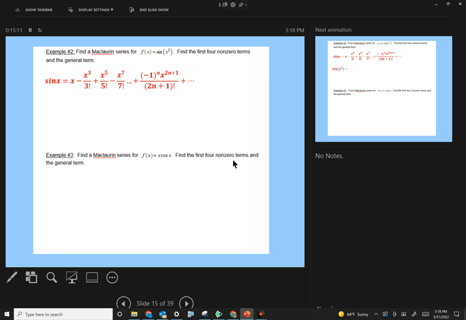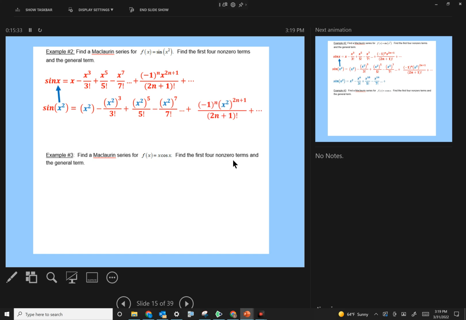So if I want the sine of x squared, basically I can just substitute an x squared in everywhere I see an x. So the work is already done. I'm just going to substitute in an x squared for every single x up in the previous line. Just put an x squared up, even in the general term, put an x squared in place of x.